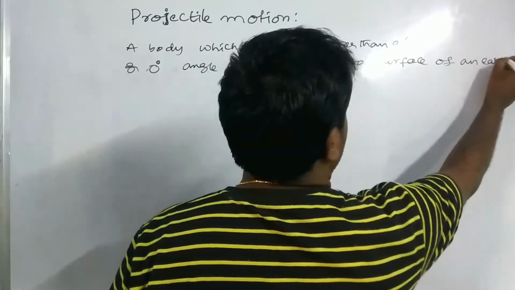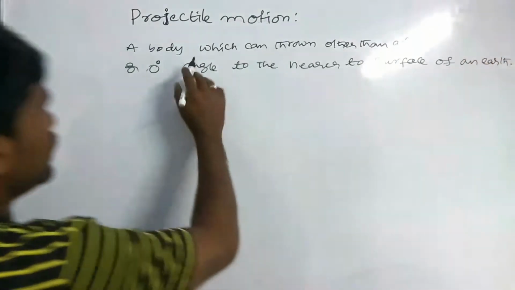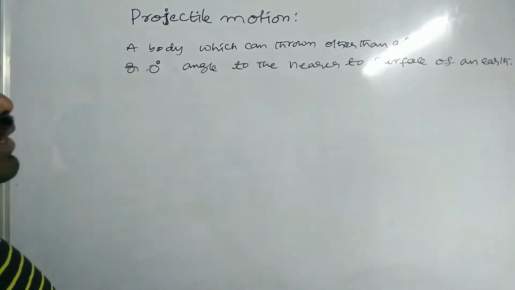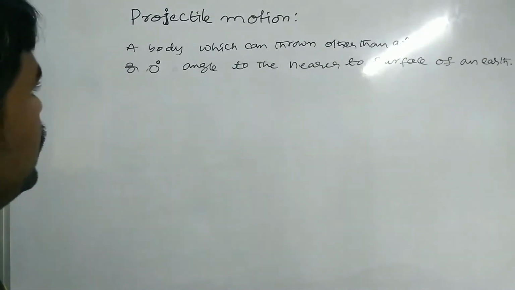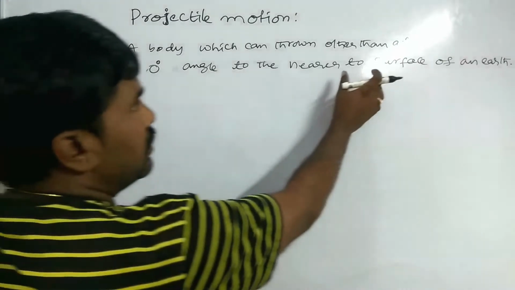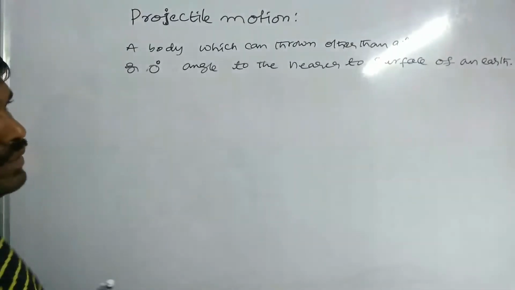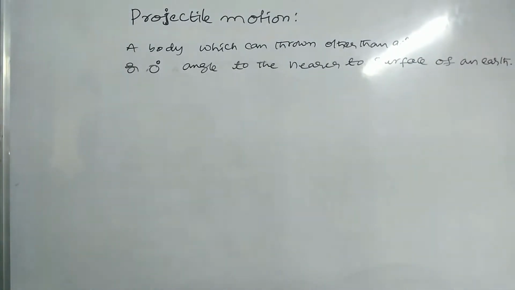So this is the projectile. Here I am saying it is a body which can be thrown at an angle other than 90 degrees or 0 degrees, near the surface of the earth. So that is the projectile.